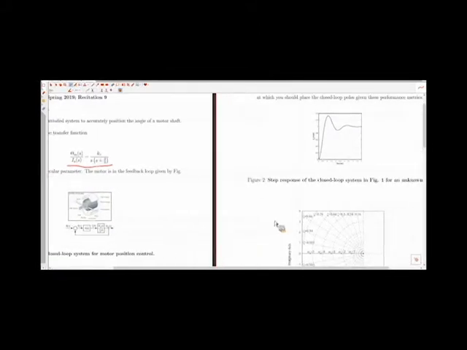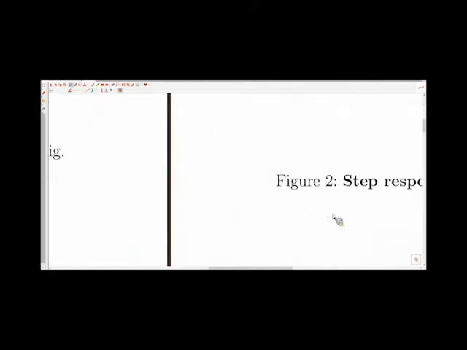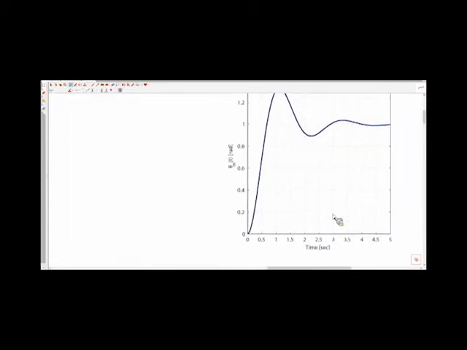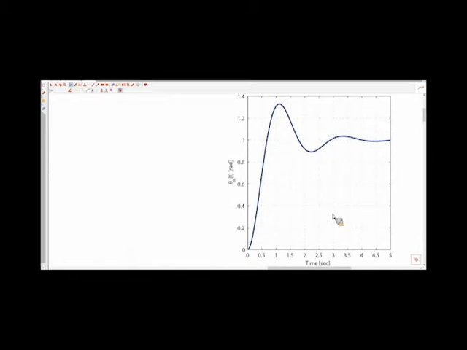Zooming in. At a time of 0 seconds, we turn the system on. It has some sort of response, and this is what it looks like. Now we knew a few things. We knew some of the parameters of the system. We knew what the feedback control gain was.